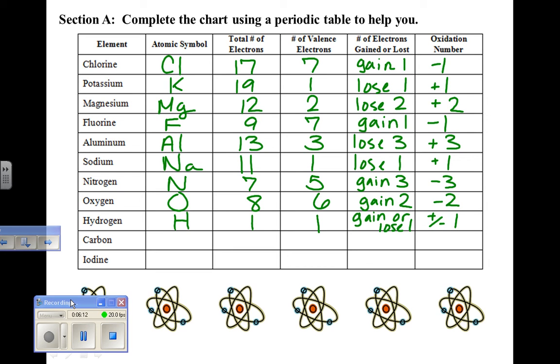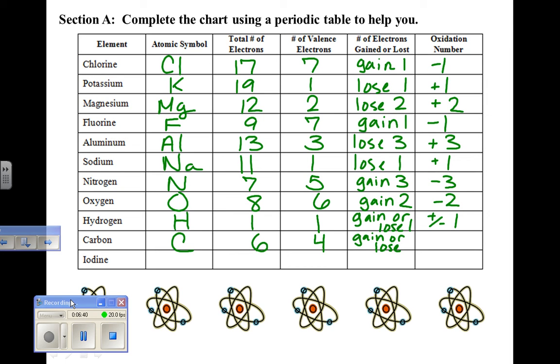Carbon, C, total number of electrons, 6. How many are valence? 4. Same thing, it's in the middle. Remember, it's a semiconductor. It can either gain or lose. So, same thing. Gain or lose how many? 4. So it's plus or minus 4.